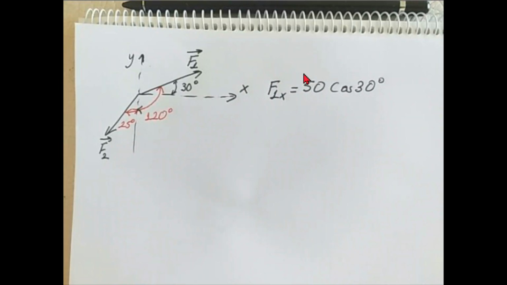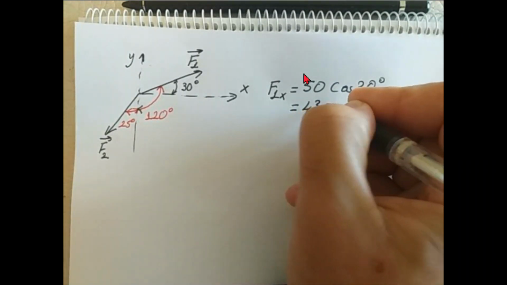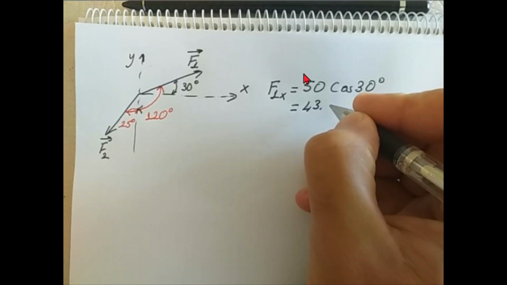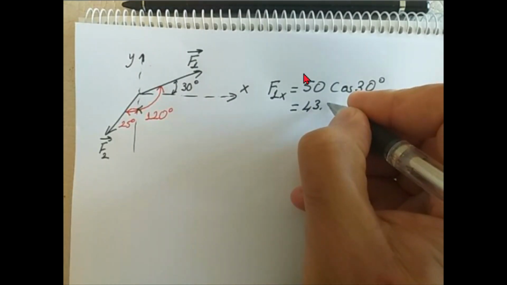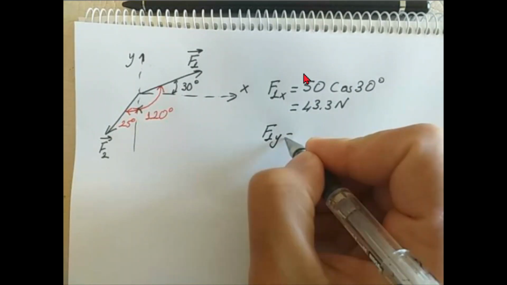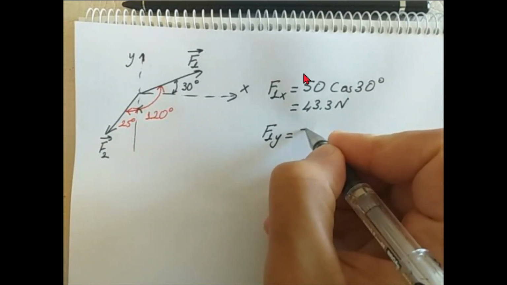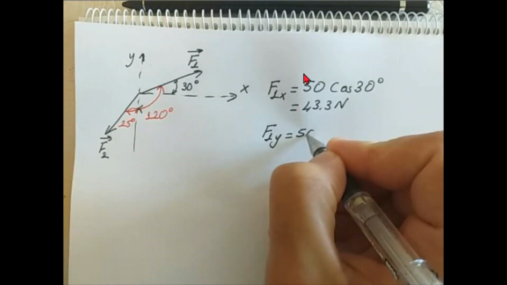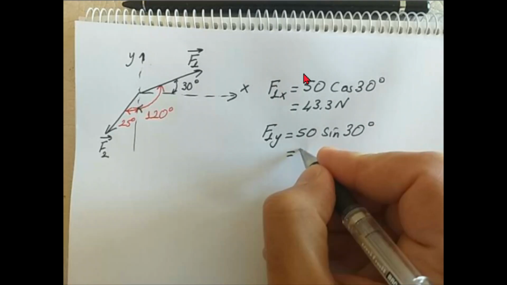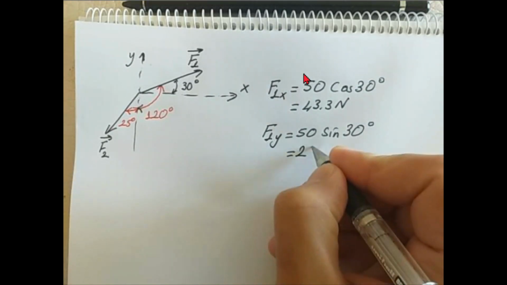Now let's find the F1y. F1y is equal to 50 multiplied by sine 30 and it makes 25 newtons. Identically, we will find the x and y components of F2.